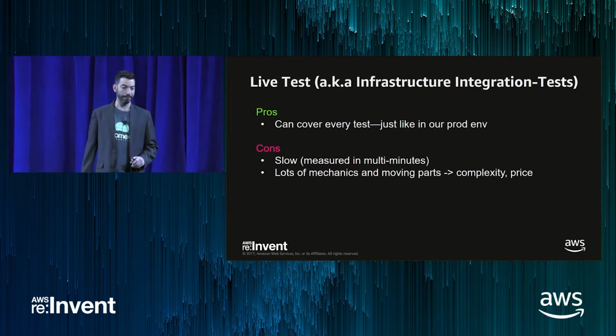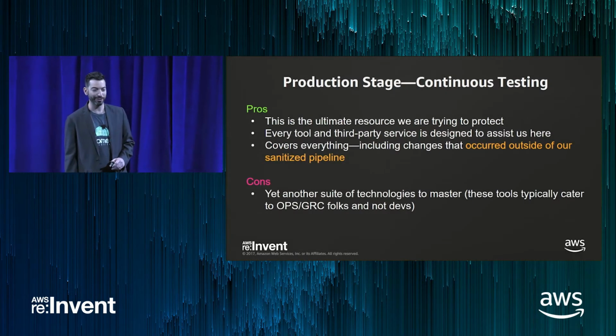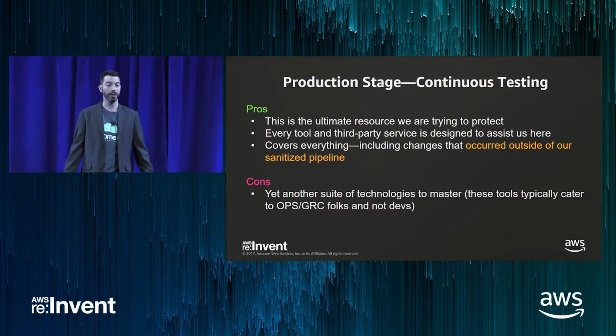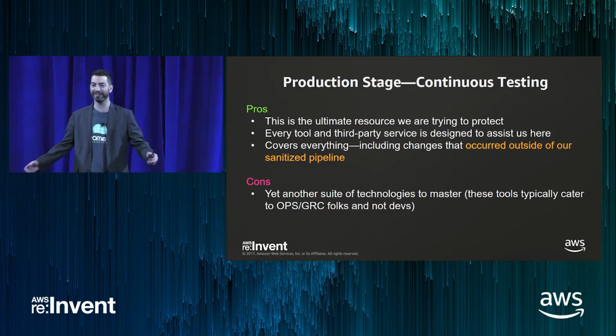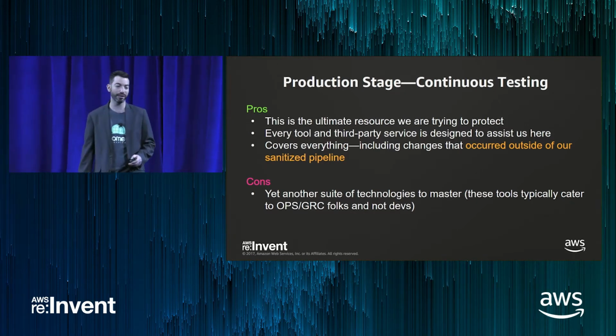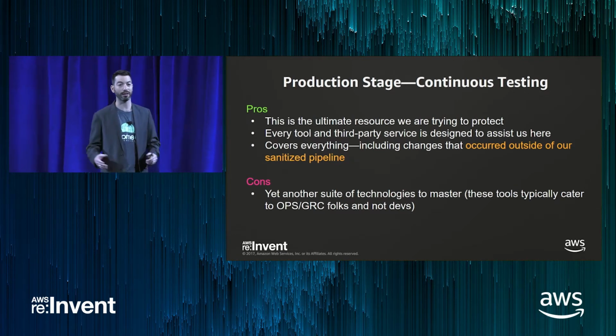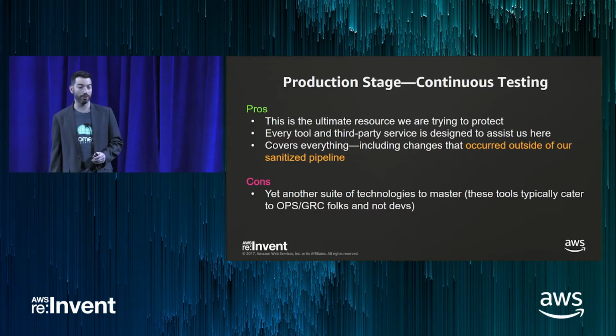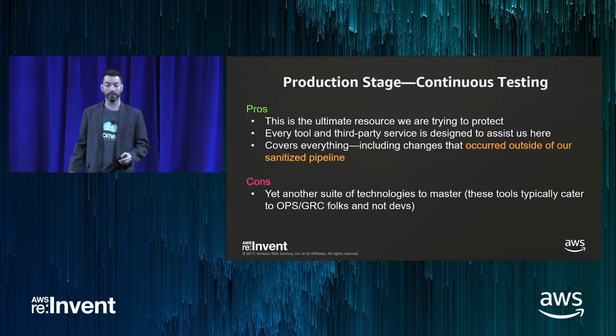So, yeah. At the production stage, this is the ultimate resource that we're trying to protect, right? So every tool, third-party library, project you'll find is designed to assist you with tackling these challenges. And the idea and the importance of this stage is that it covers everything, right?